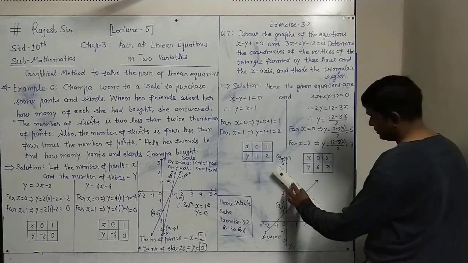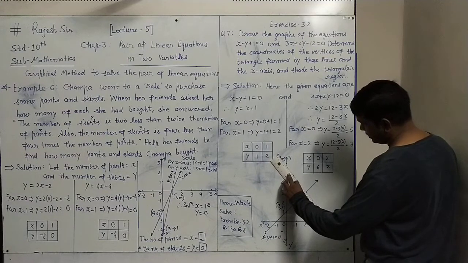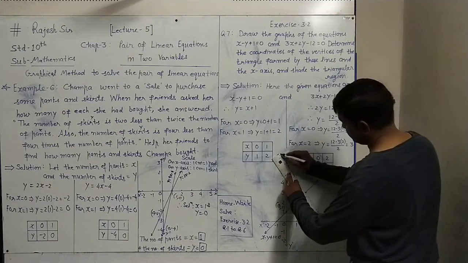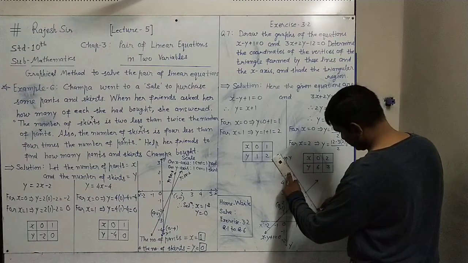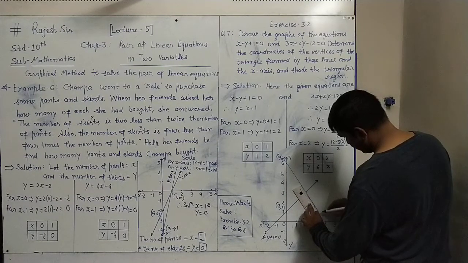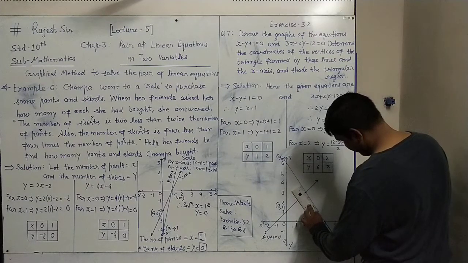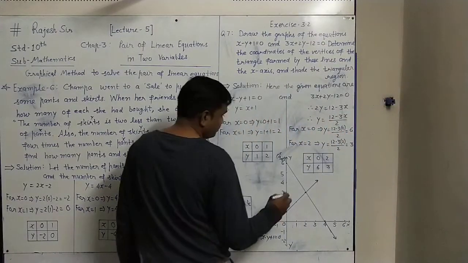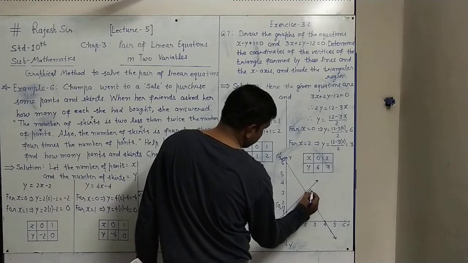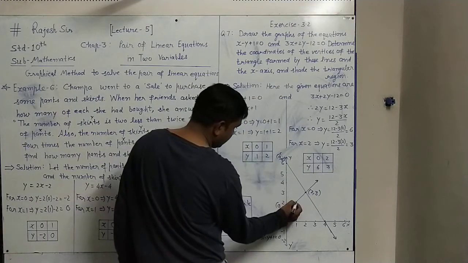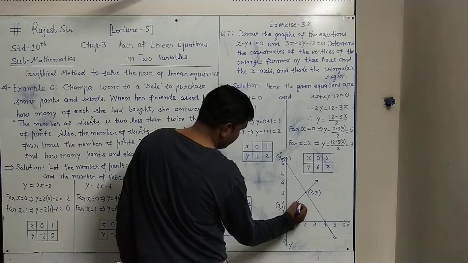You will get the other line of the next equation, passing through (0, 6) and (2, 3). For this line, this point was (1, 2), so that also you will show here.